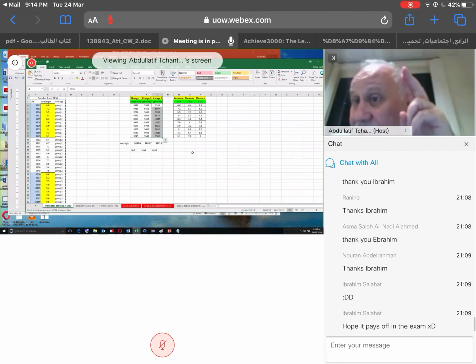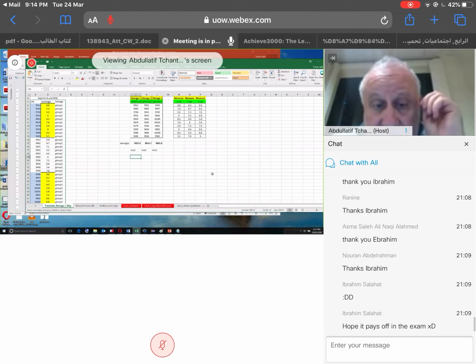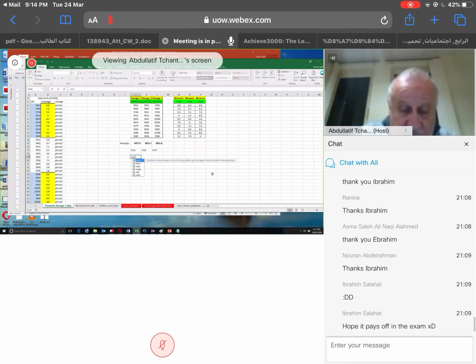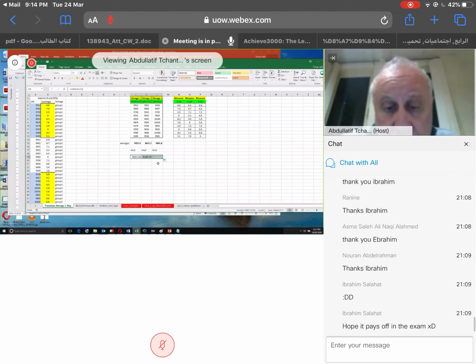The second one is equality of variance. What does it mean? It means that these three variances can be assumed to be equal.